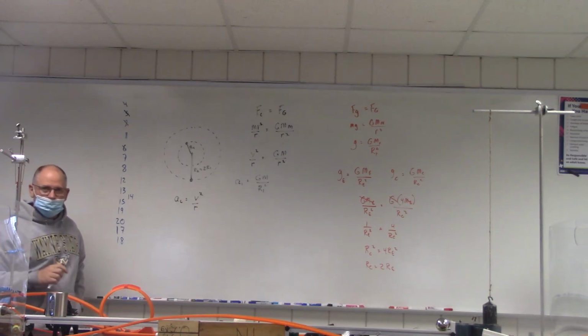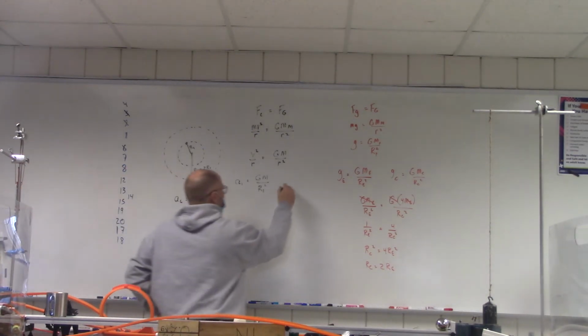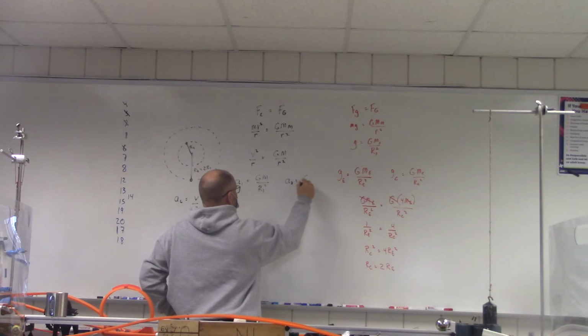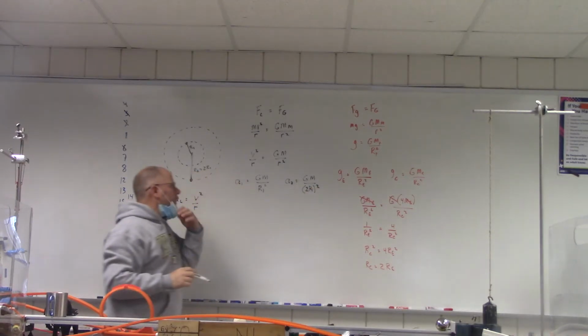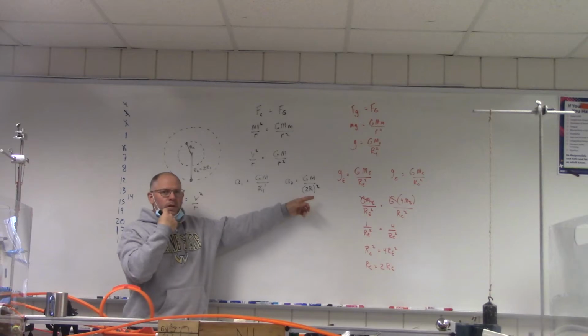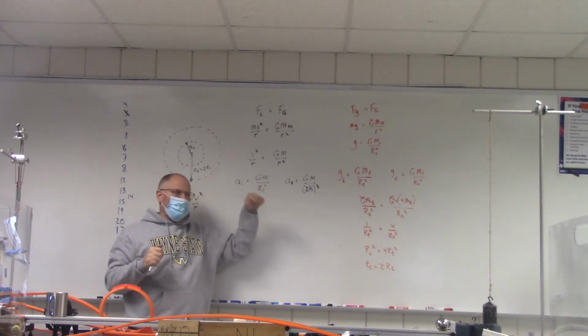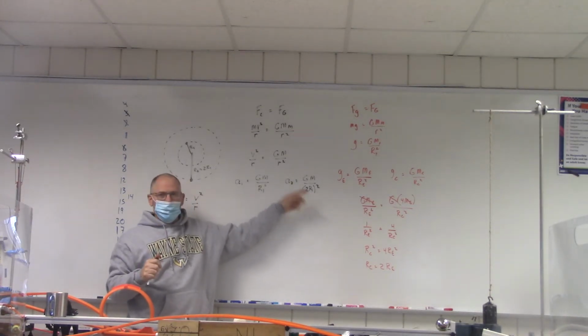Is that cool? And acceleration for planet 2 is equal to GM all over, well, what do I have here? It's 2r1 all squared. So you see what I did there is instead of writing r2, I used our understanding that r2 is 2r1 and I put it in there.